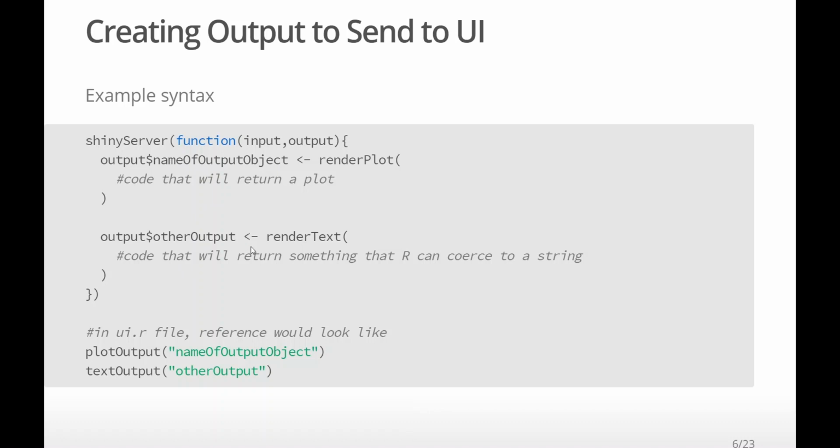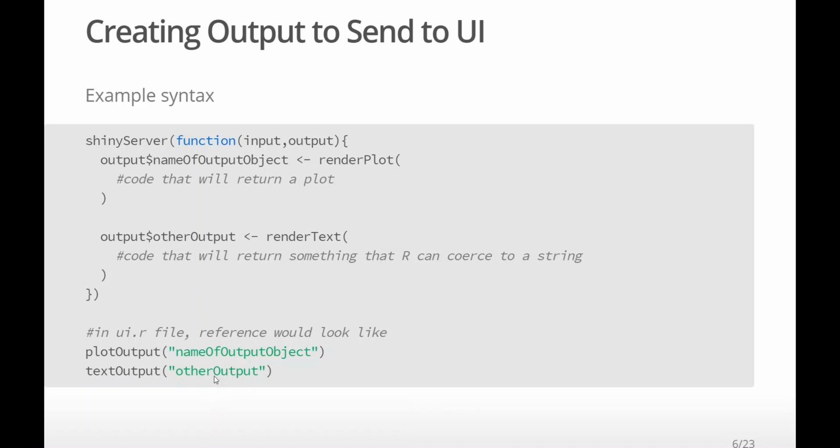Down below is just another example. I want to have some text that I'm going to return to the UI. So I'm going to use render text. And again, I just need to have some code in here that at the end, R is going to be able to coerce to a string. And I'm going to name that here, in this case, other output. And so in my UI file, as you can see down here at the bottom, I would use text output and then reference that name that we've given it there.